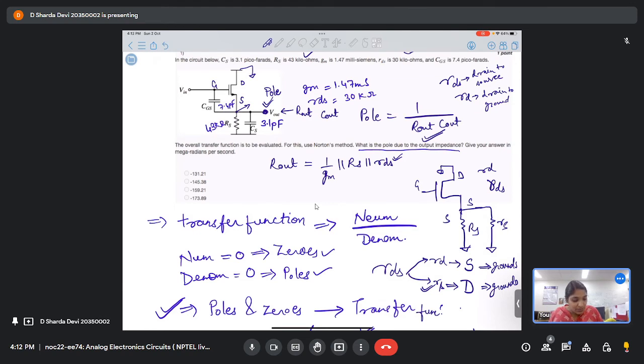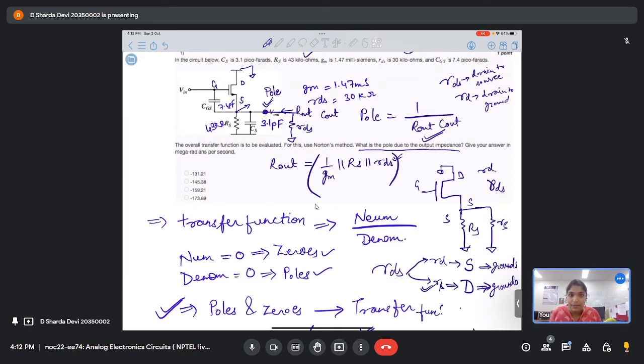In our case the drain is becoming AC ground, so we'll see this condition. That's why when we say R out, we'll get 1 by Gm parallel to RS parallel to RDS also, because this RDS will come here. Output voltage. Got it? Is this clear?